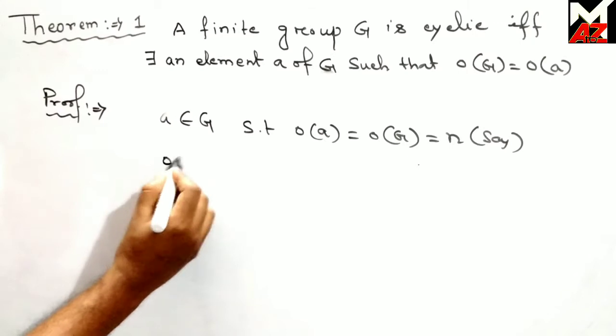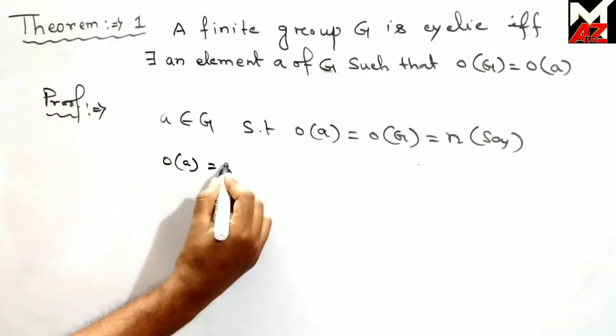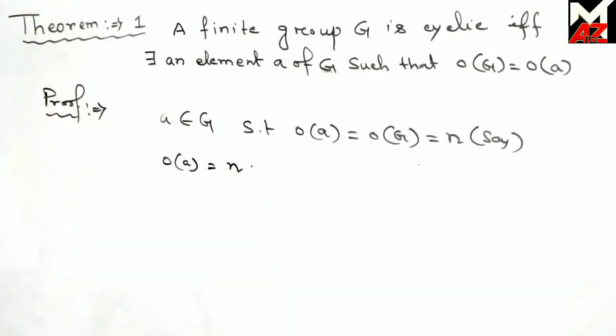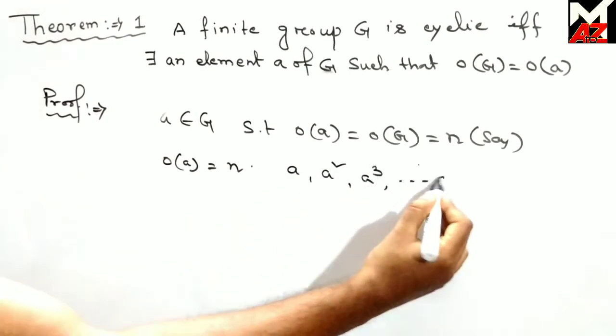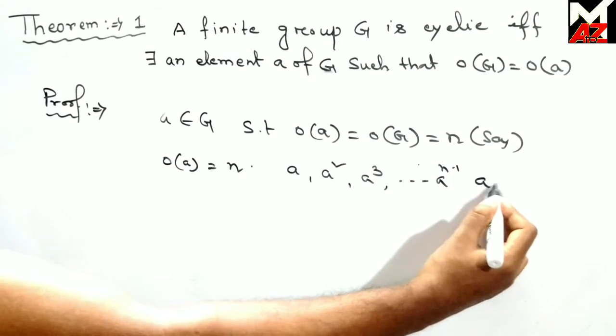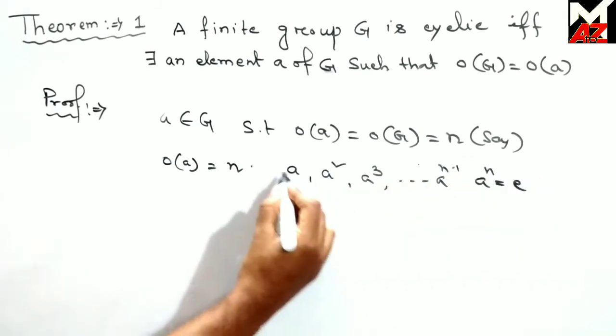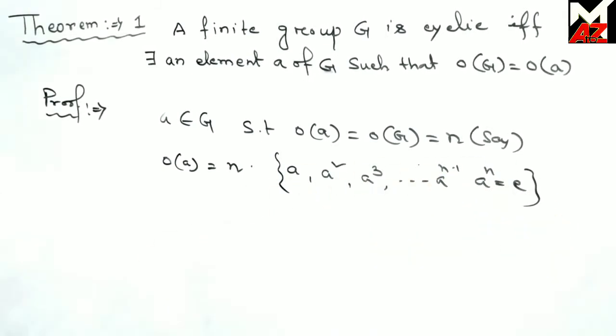Since order of A is equal to n, we must have A, A square, A cube, up to A to the power n minus 1, and A to the power n is equal to E, as the distinct elements, right?